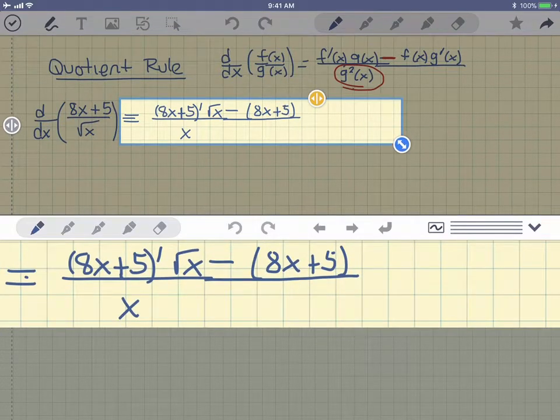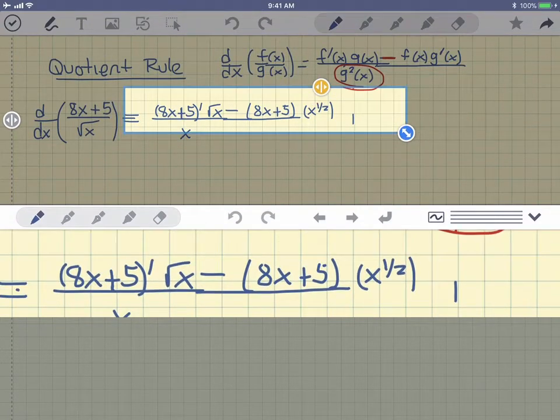The derivative of the bottom, I like to always write these like powers, so it's x to the 1/2. Most textbooks write as much as you can as powers, because the power rules are the easiest.